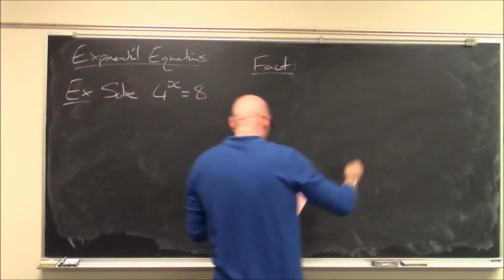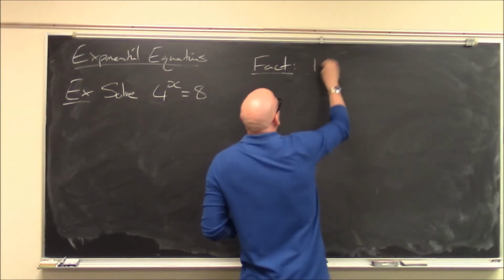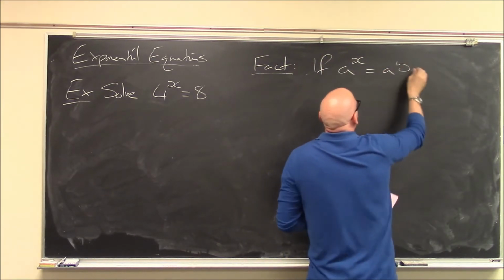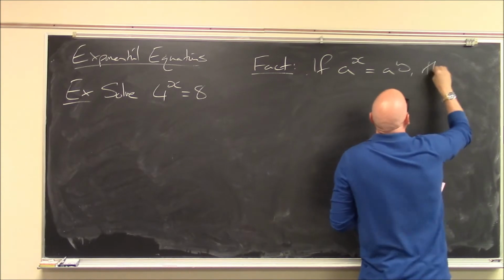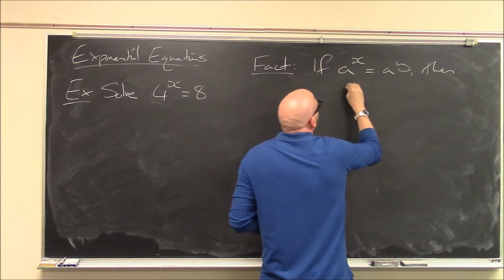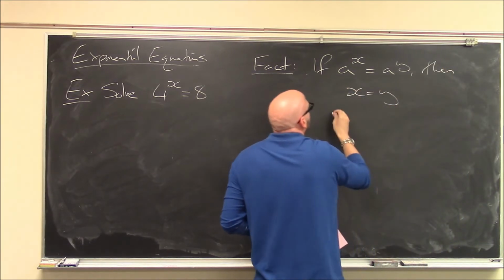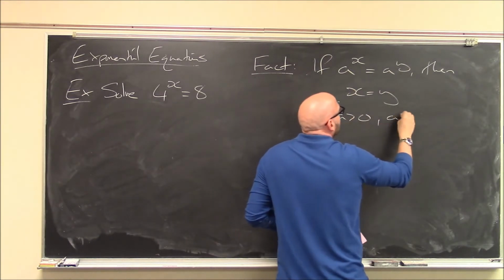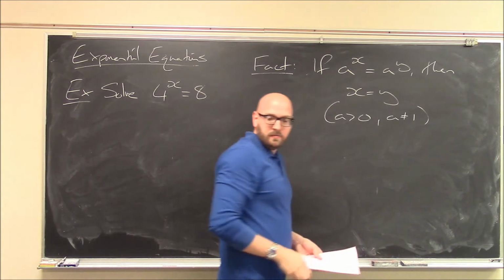But here's the fact that you need to know, which is if a to the x equals a to the y, then x equals y. Again, we're in this case where our base is bigger than 0 and not equal to 1.